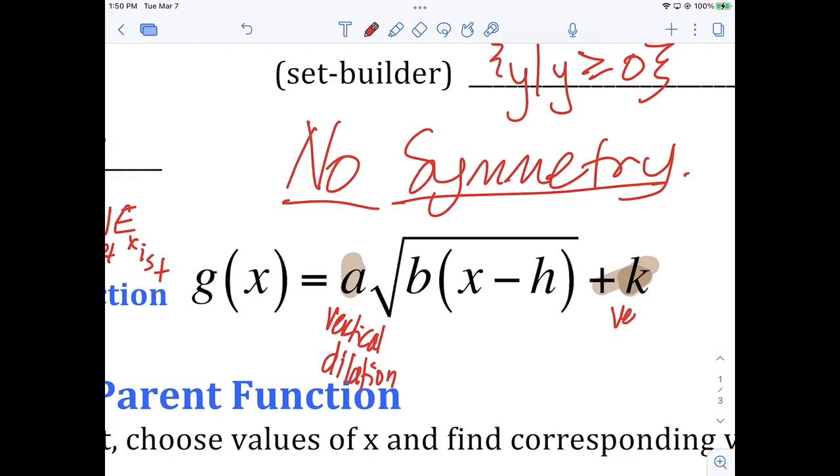And this is vertical shift. And then on the inside, this is your horizontal dilation, HD. And then this is your horizontal shift, HS.